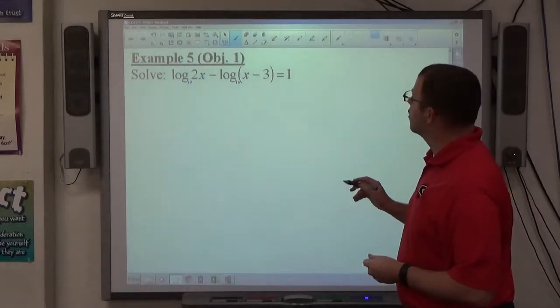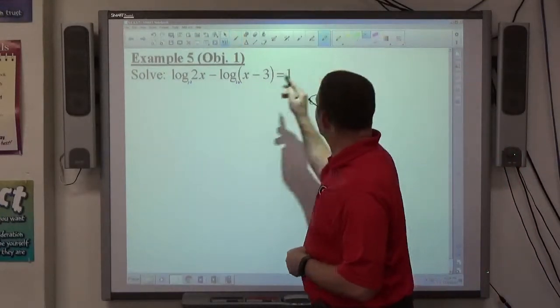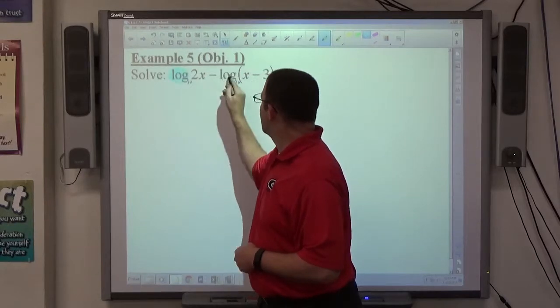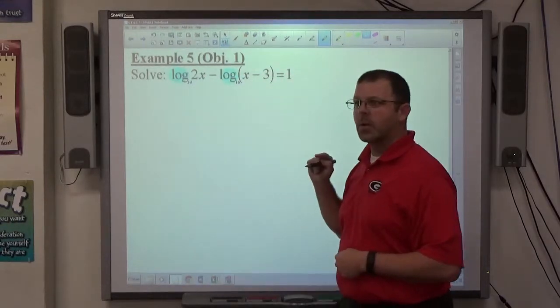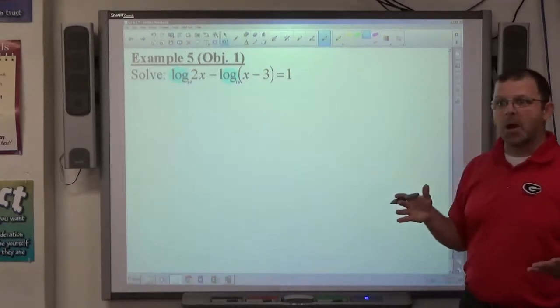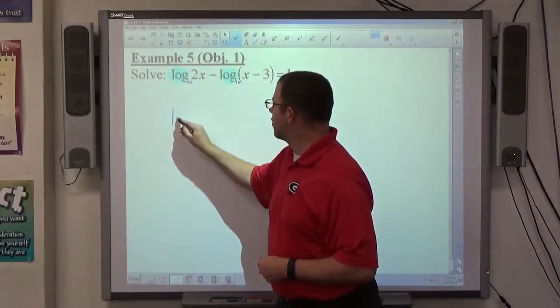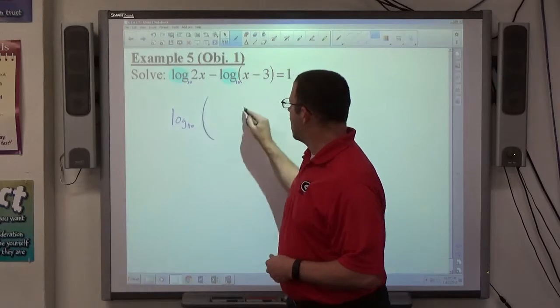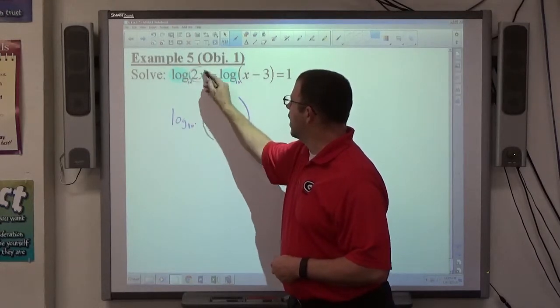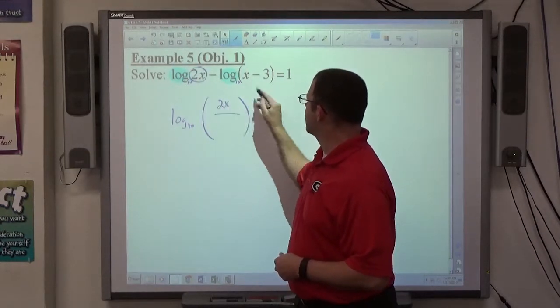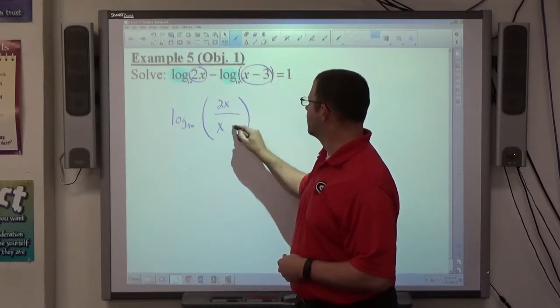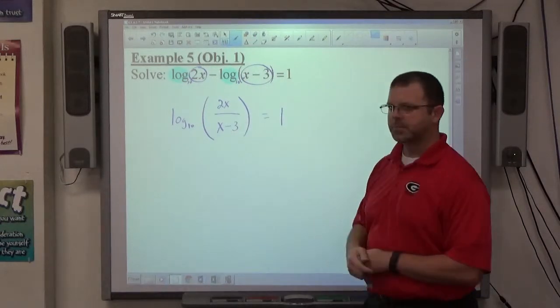Looking at the logarithmic expressions, I've got just log. I've got just log. There's no numbers out in front of the logarithms, so I don't have to worry about any power. So I can go directly to the fact they're being subtracted. That changes it to log base 10 of the first argument, which is 2x, divided by the second argument, x minus 3 equals 1.